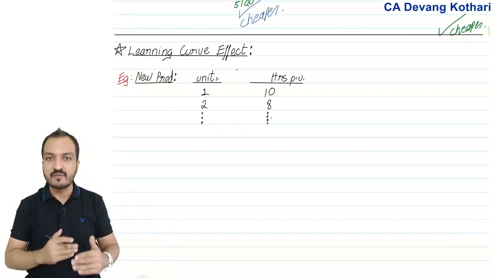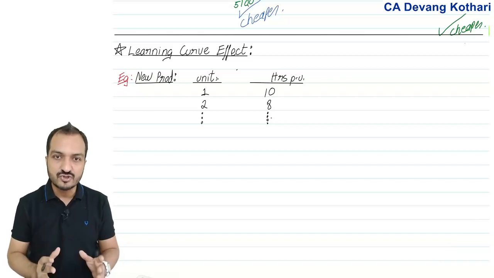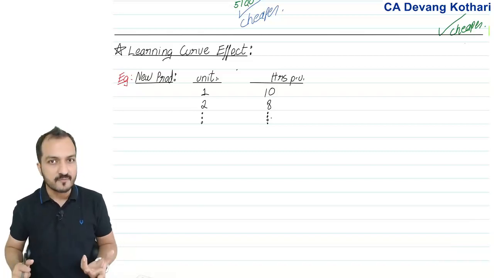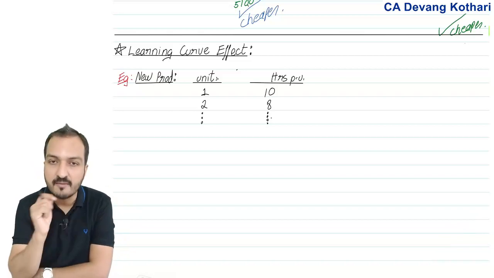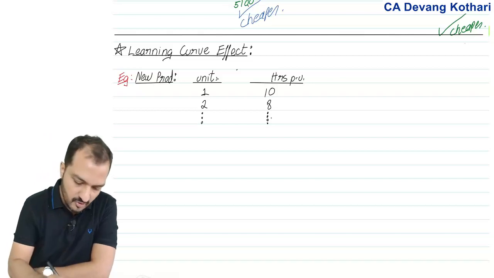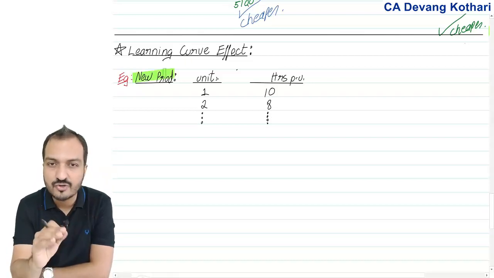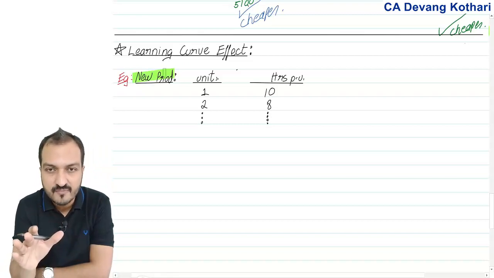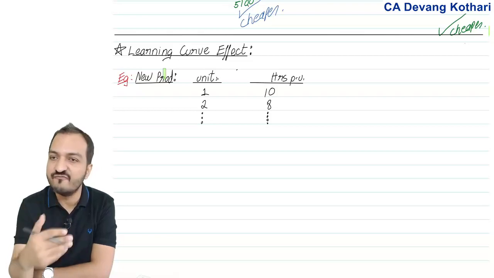So every time you repeat that syllabus, you might take lesser and lesser time to finish that job. That is called the effect of learning. Same way, for goods manufacturing also, the companies and employees will experience the learning effect. Of course, this will happen only in case of new products. If the product is already an old and established product, then they will not keep saving time in every unit.